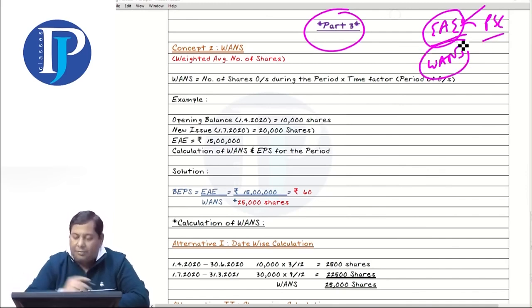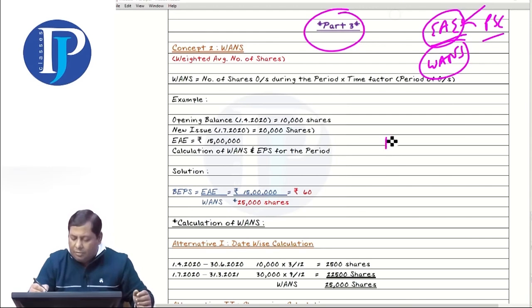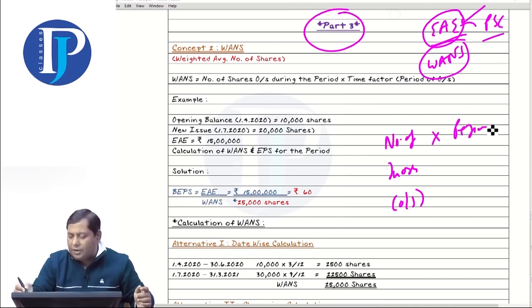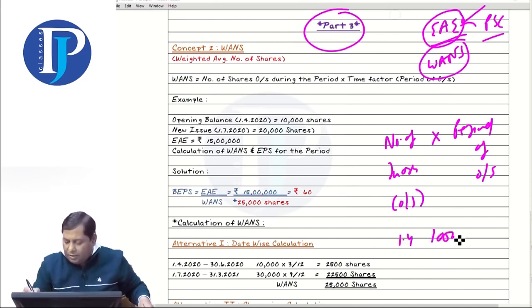Students, now let's start weighted average number of shares, whose formula is very simple. What should we take? Number of shares outstanding. You have to multiply it by the period of outstanding. I have explained the concept to you. Suppose you have 10,000 shares on 1st. Now the company issued 10,000 new shares on 1st October.